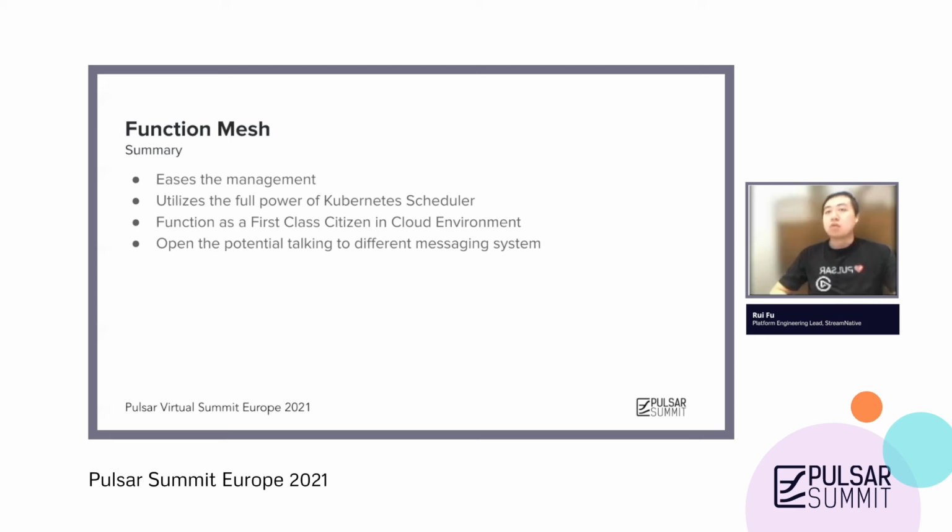It also makes Pulsar functions run natively in the cloud environment, which leads to great possibilities when more resources become available in the environment. Lastly, Function Mesh enables Pulsar functions to work with different messaging systems and to integrate with existing tools in the cloud environment. This is because Function Mesh runs Pulsar functions independently of the Pulsar cluster.